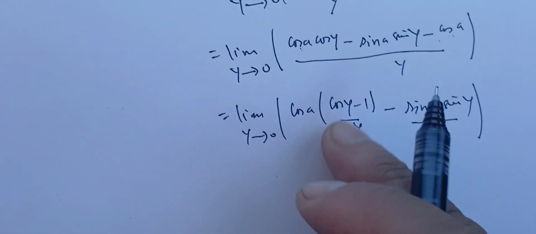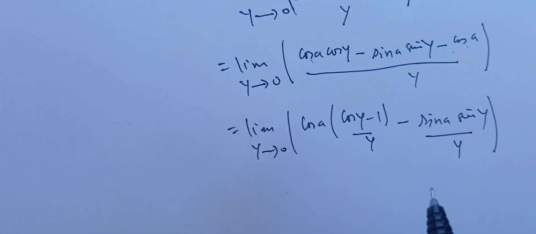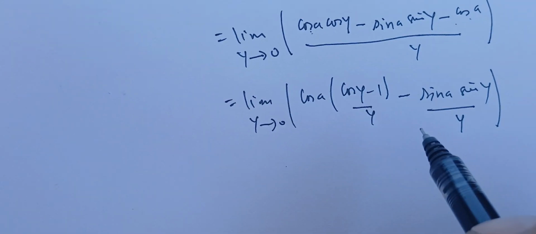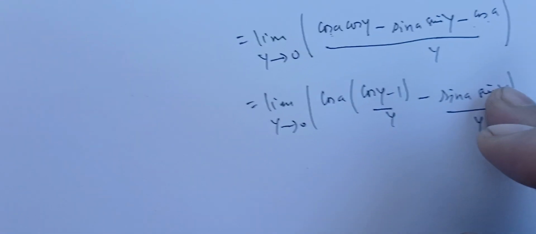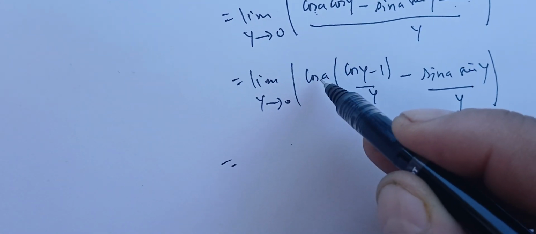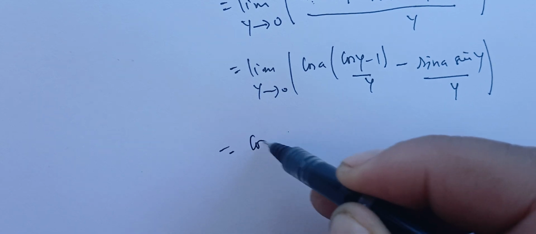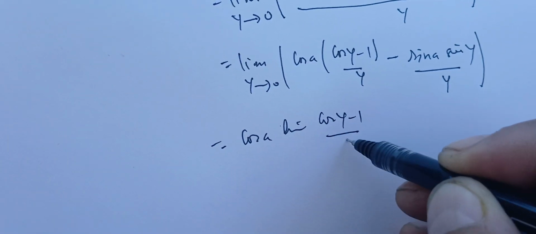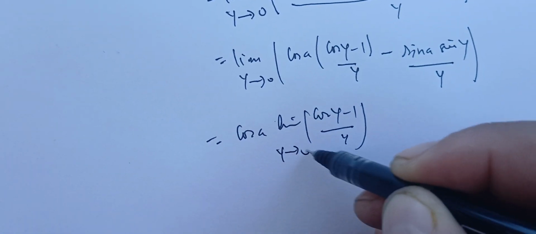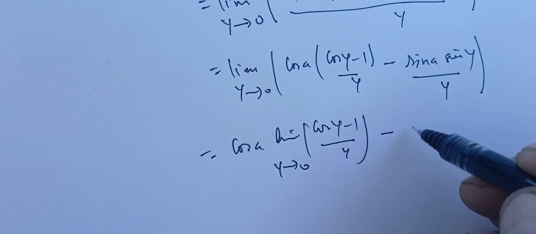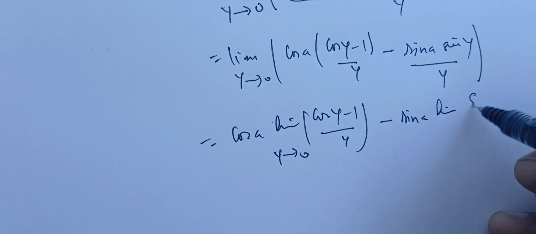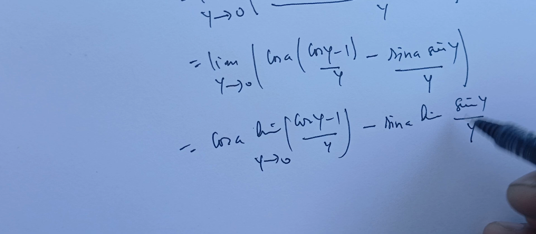Now we see that we have other formulas that we need to prove. But before doing so, we're going to expand this limit, because we are assuming these limits are finite. We get cosine a times the limit of cosine y minus 1 over y as y goes to 0, minus sine a, which is a constant, times the limit of sine y over y.